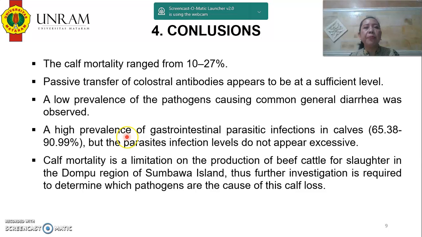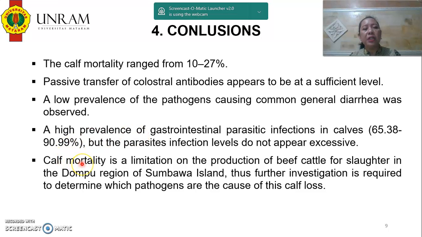The prevalence of gastrointestinal parasitic infection in calves was high, ranging from 65.38% to 99%, but the parasite infection levels do not appear excessive.